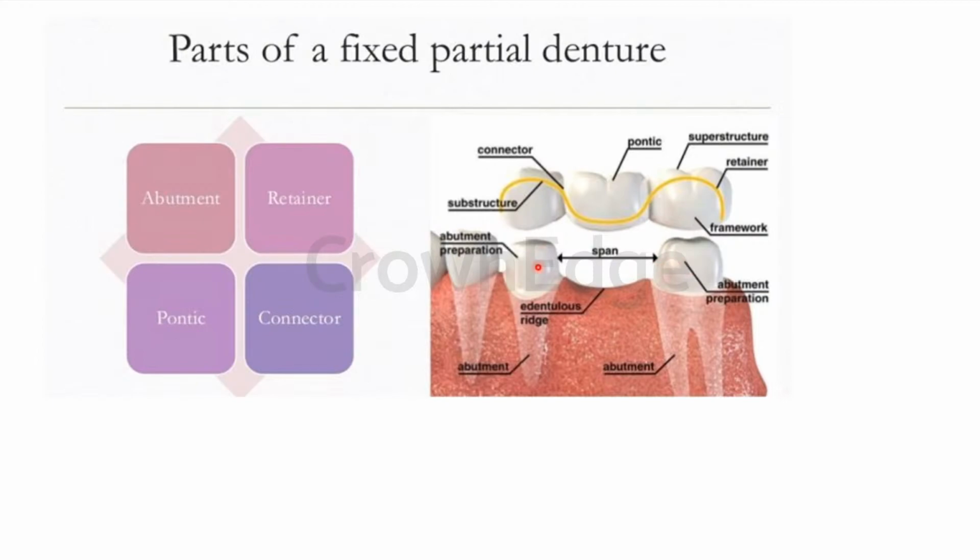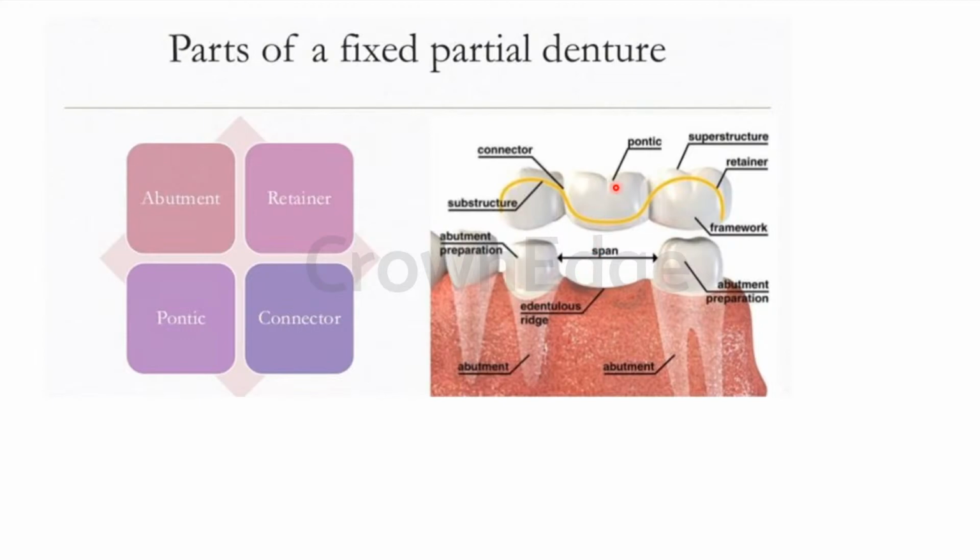So these two teeth, from which we're taking support, are referred to as the abutments. Okay, the ceramic or the metal which is going to cover these prepared teeth, which is covering the abutments, is referred to as a retainer.